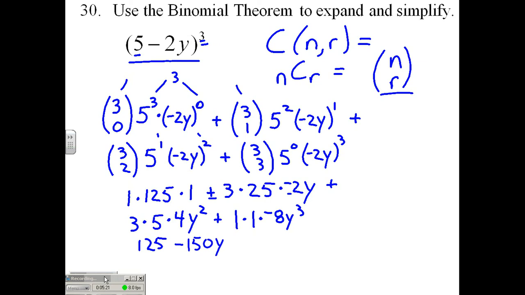Next term, 3 times 5 times 4, or 15 times 4, plus 60y squared. And our final term, 1 times 1 times negative 8, so minus 8y cubed. So there is our binomial expansion, simplified.